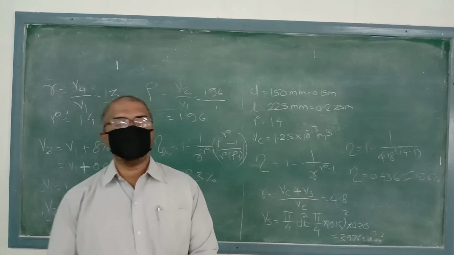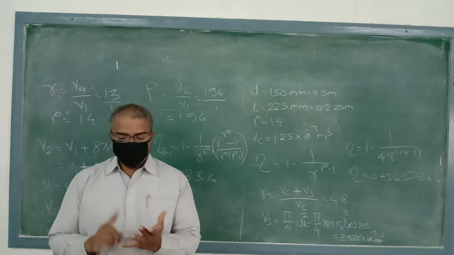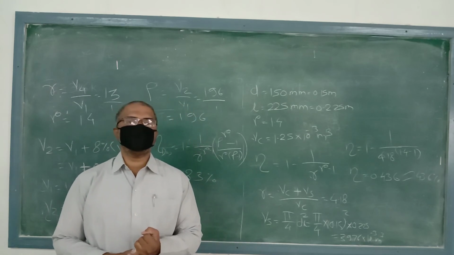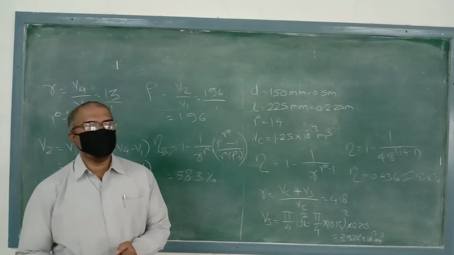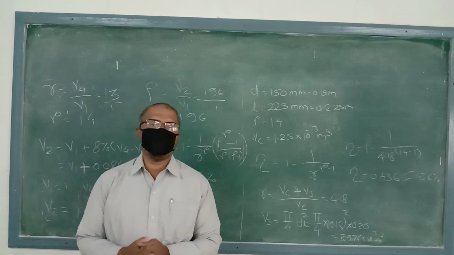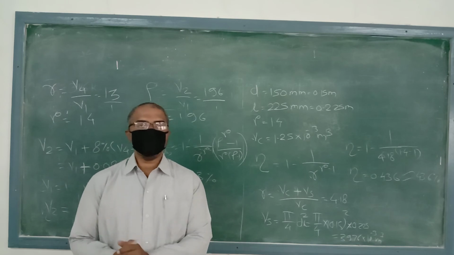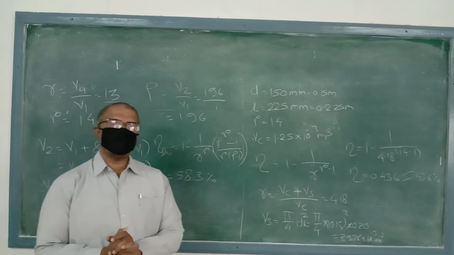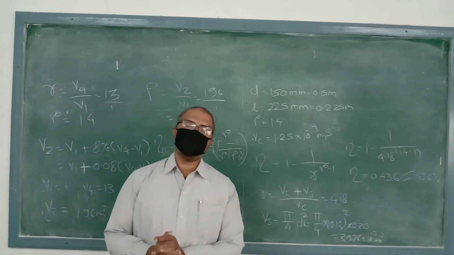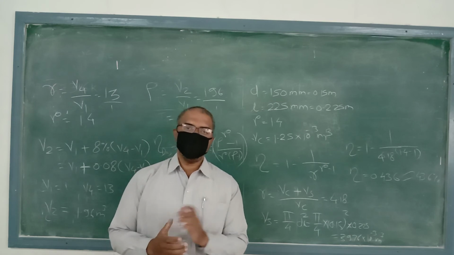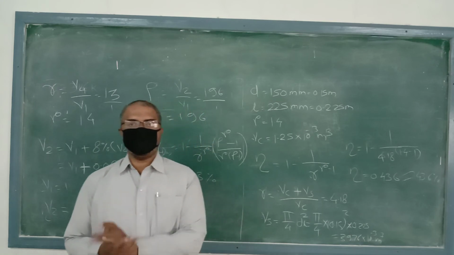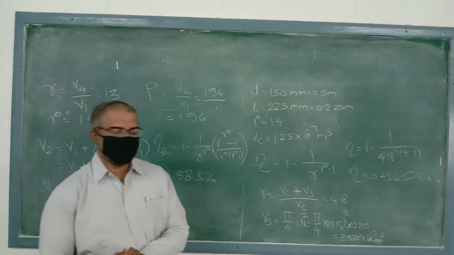We have seen totally 3 problems. First related to the Otto cycle, when they have given the isentropic compression process and we have to calculate the efficiency of the Otto cycle. In that case we are using the relation between the volume and temperature related to the compression ratio.